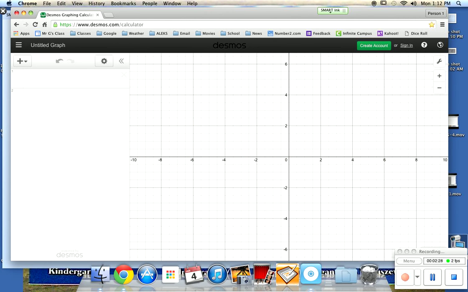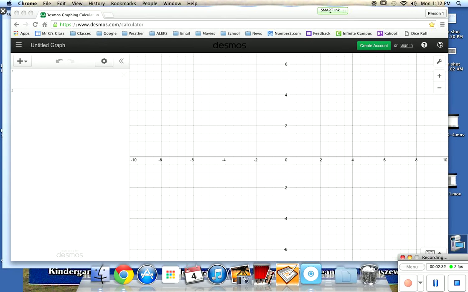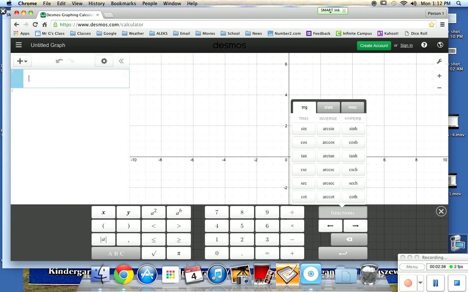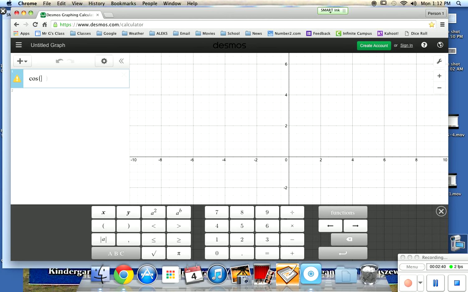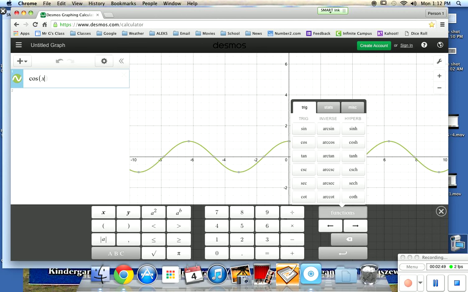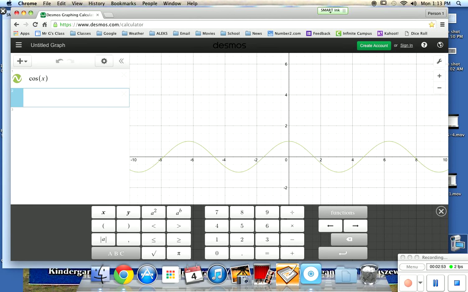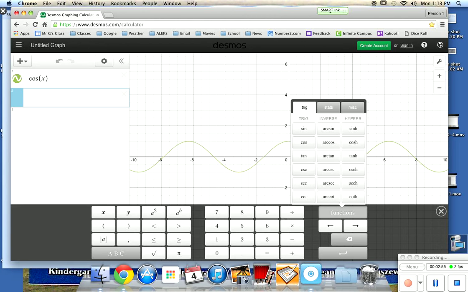So, if we know that, let's get rid of these two. Let's take a look at my cosine of x, which is nothing more than the sine of x shifted a little bit. What do you think the secant will look like?